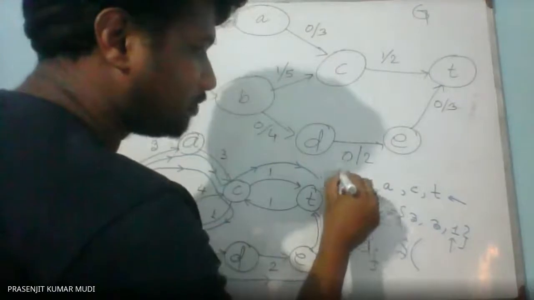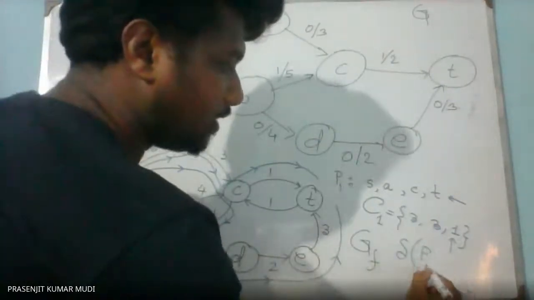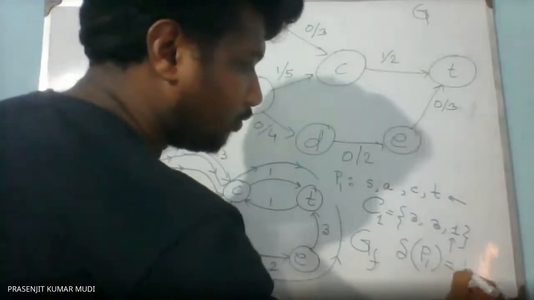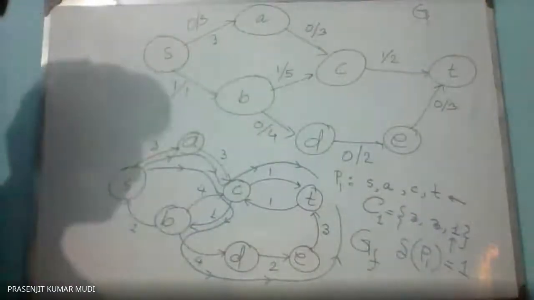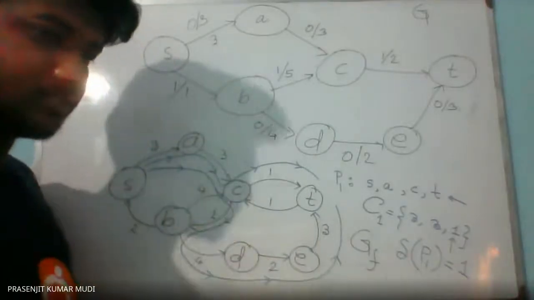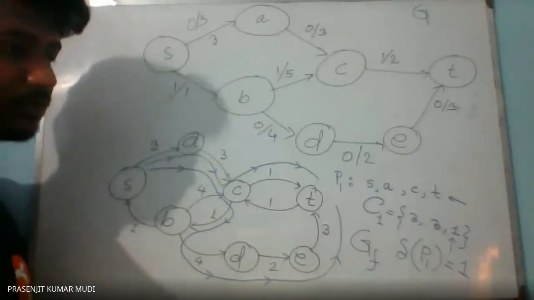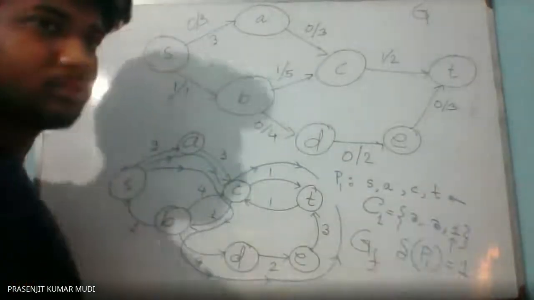Let's say this is path P1. So delta P1 will be equal to 1. What is delta P1? It is the minimum capacity along path P1. So delta P1 equals 1.